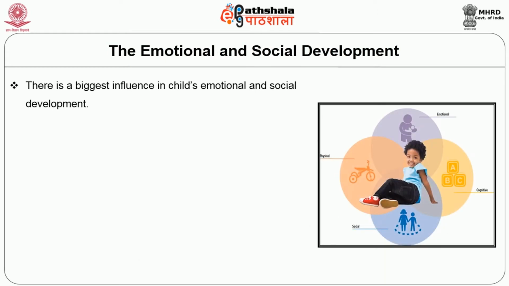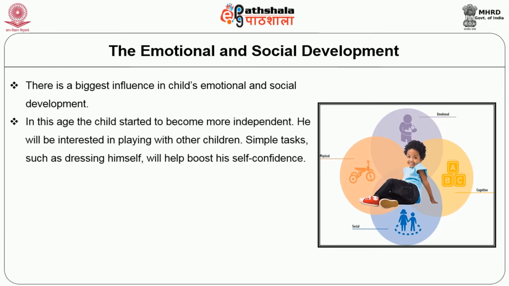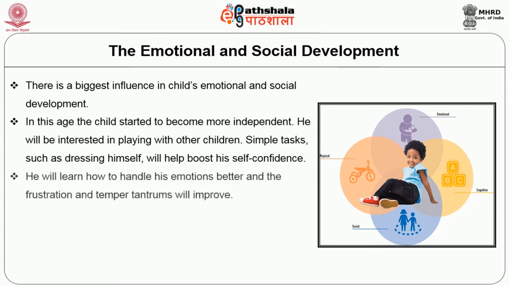Second comes the emotional and social development. There is a big influence on the child's emotional and social development. At this stage, the child starts to become more independent and will be interested in playing with other children. Simple tasks such as dressing himself will help boost self-confidence.